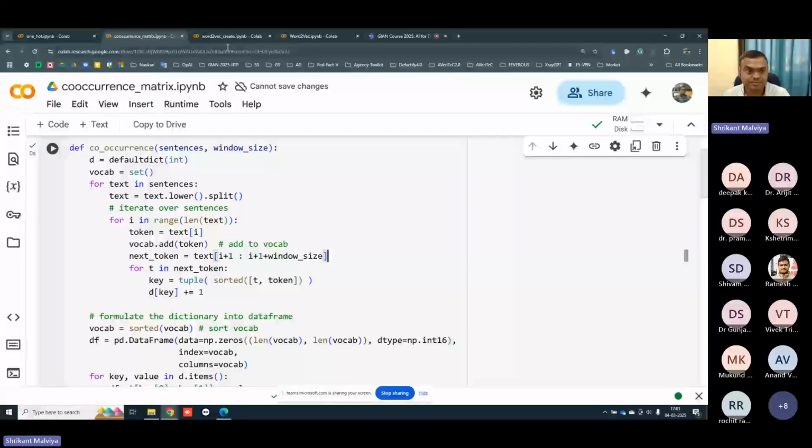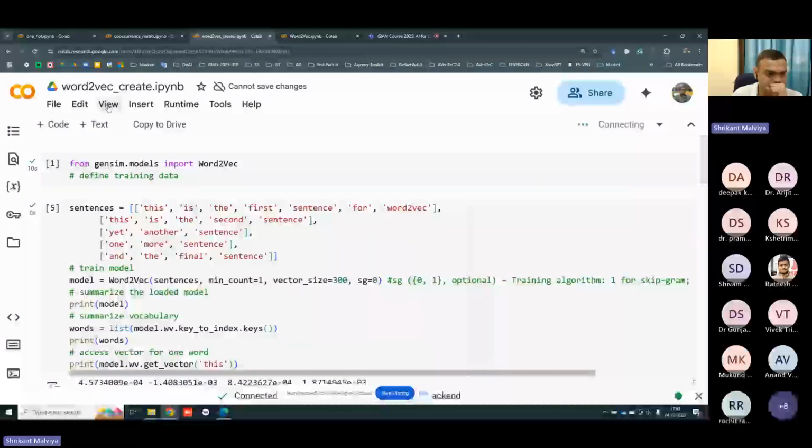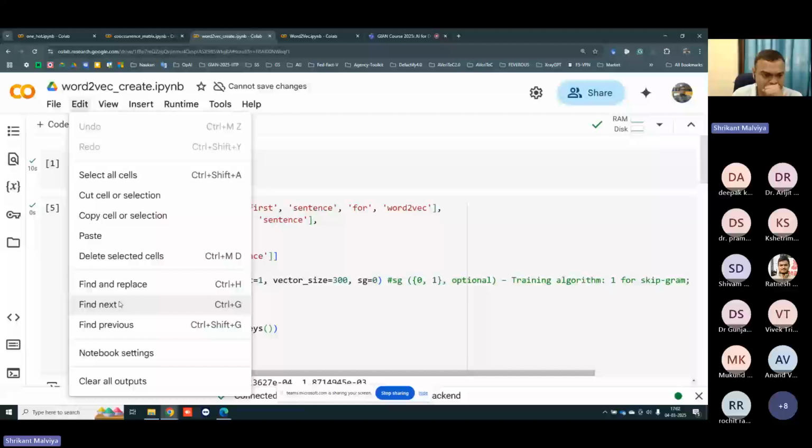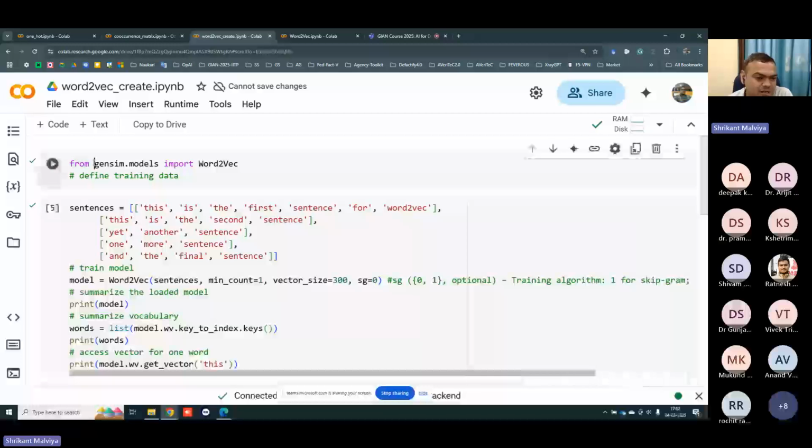The Gensim library is a renowned library for training and using Word2Vec embeddings, so we'll directly use it and see how it generates word embeddings.